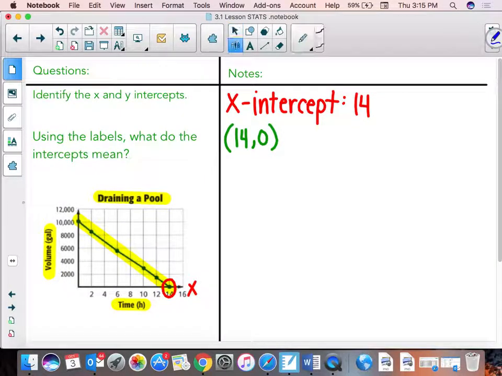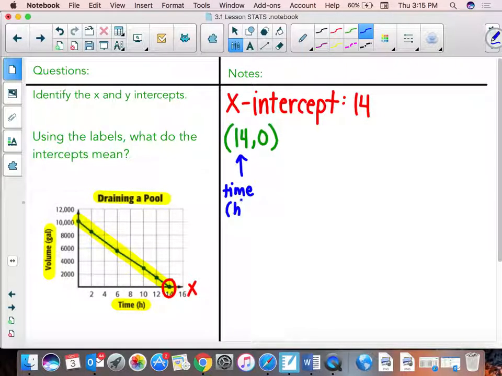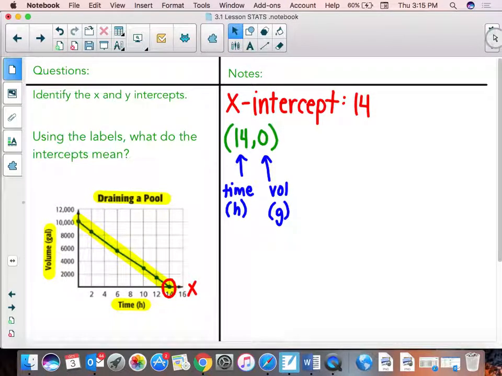Another way to write your sentence, you guys, is, well, 14 is your time in hours. The 0 is your volume in gallons. So, 14 is our time in hours.